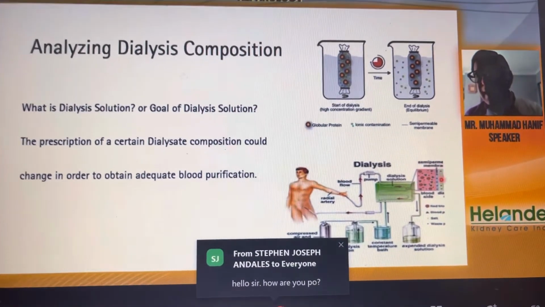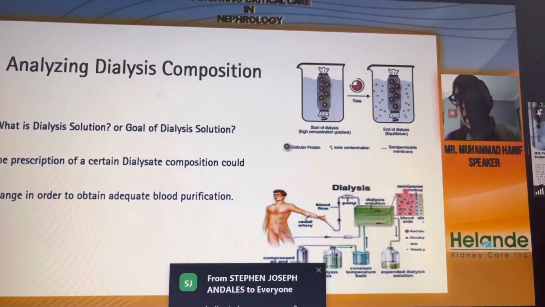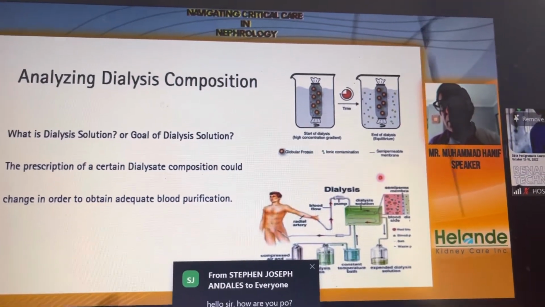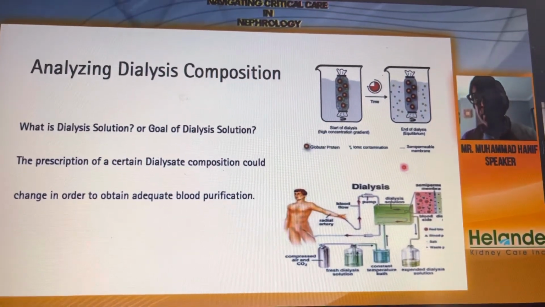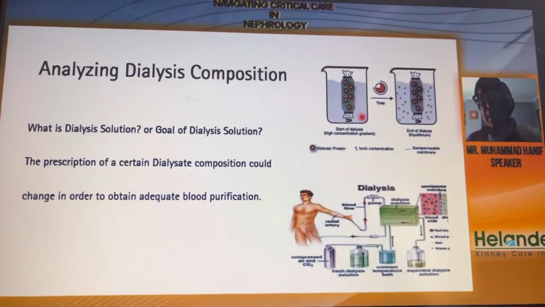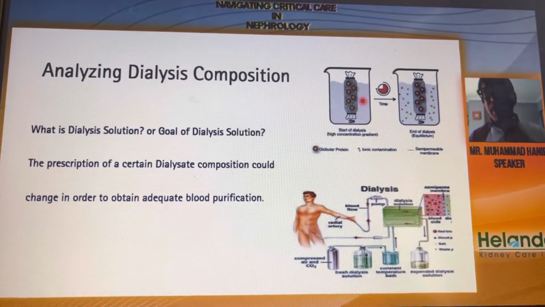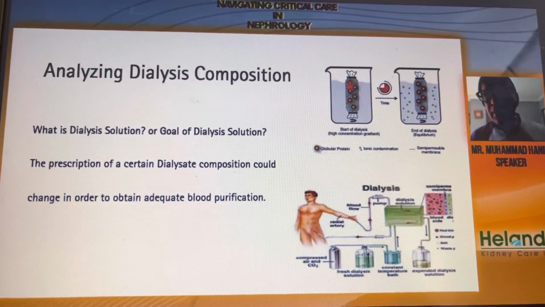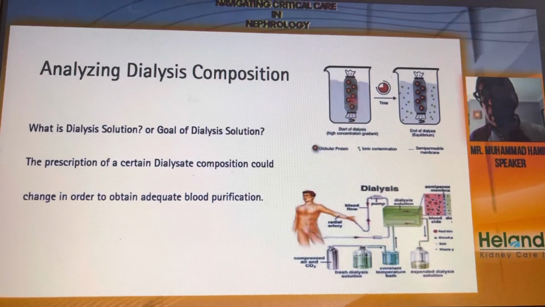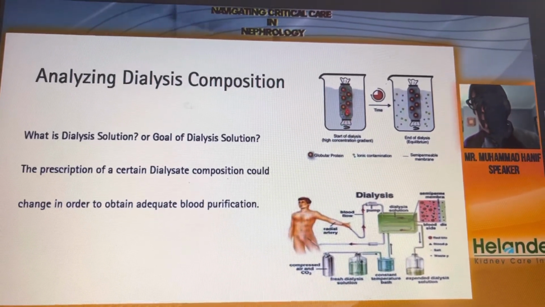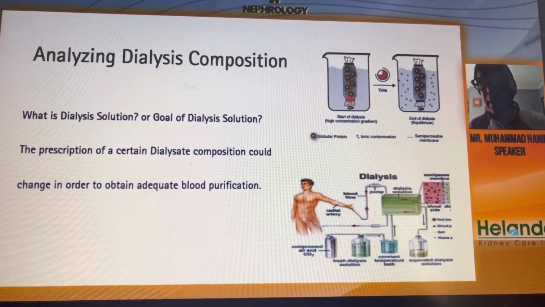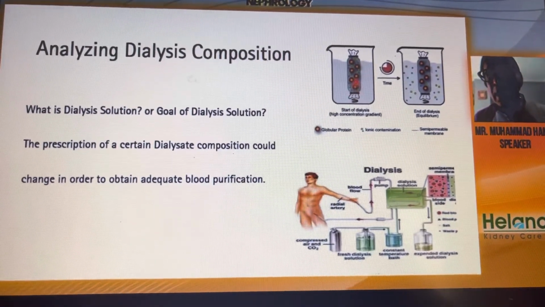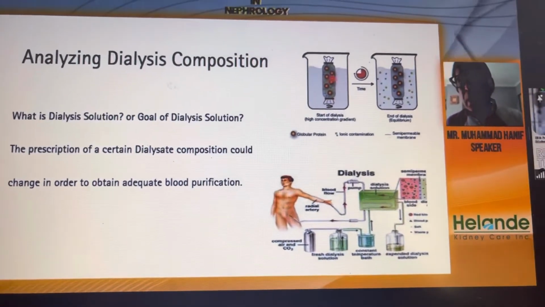When the solution is out, that is when all the toxins are removed and the acid base will be balanced. In another diagram, this is the start of dialysis. Here you can see the dialyzer, with a lot of toxins, and here you can see the fluid.